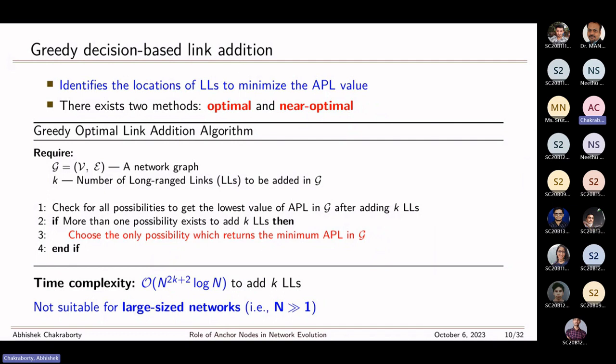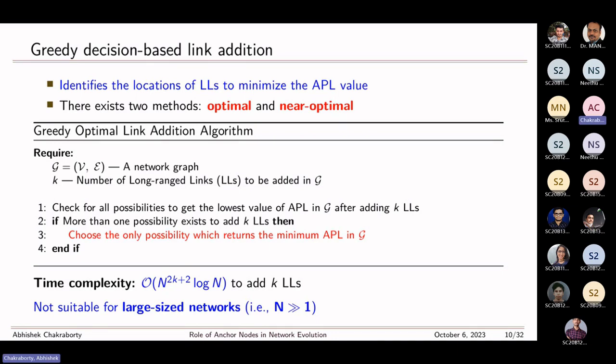If it is 2 LLs, then it is NC2, that means n factorial over 2 factorial and n minus 2 factorial, multiplied by n square log n to add 2 LLs. If you take the upper bound, it is almost like n to the power 2k plus 2 log n to add KLLs. It is very difficult to realize. Maybe this is the best one, the optimal exhaustive search, but this is very difficult when the n value is very large.